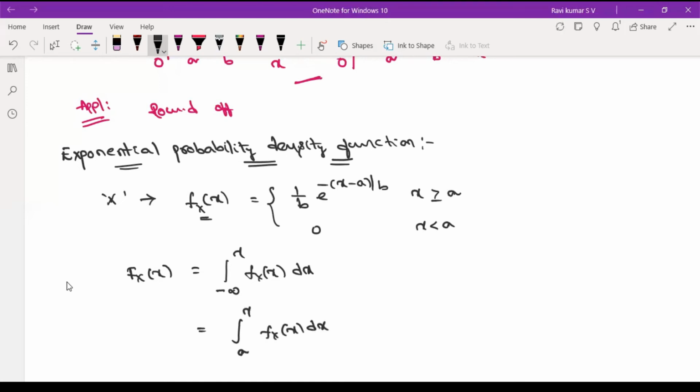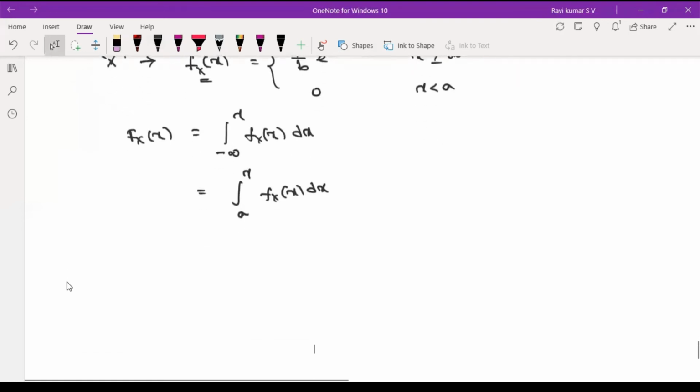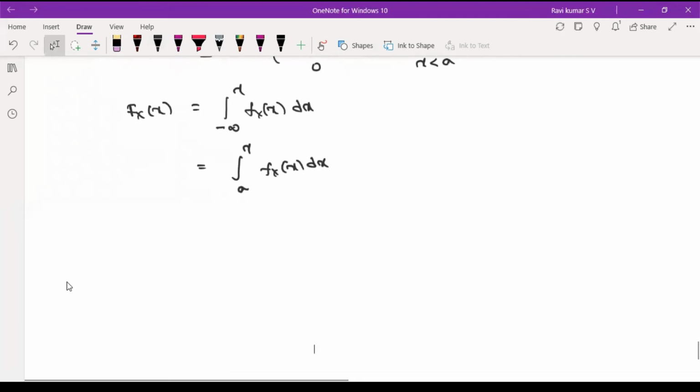Now you can substitute fX of x as per the definition of the exponential density function, a to x, 1 by b e power minus x minus a divided by b dx.